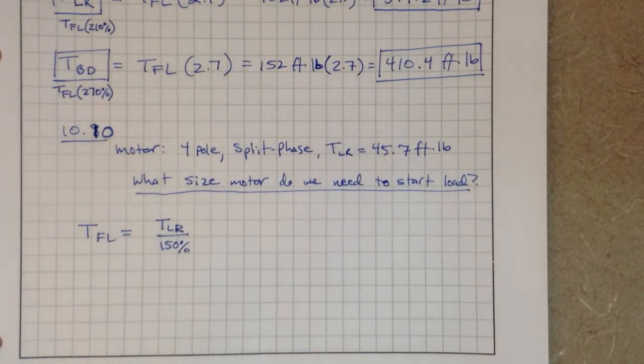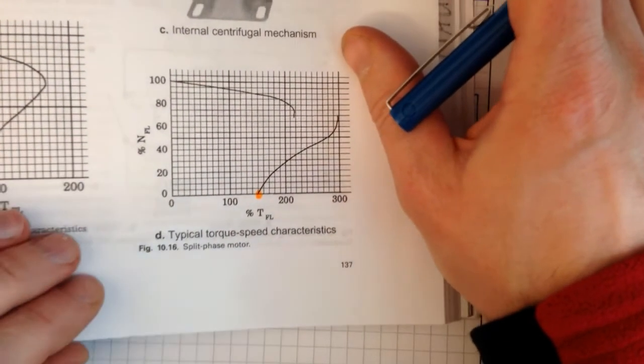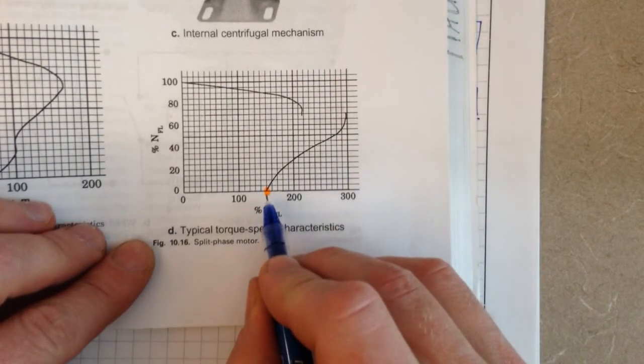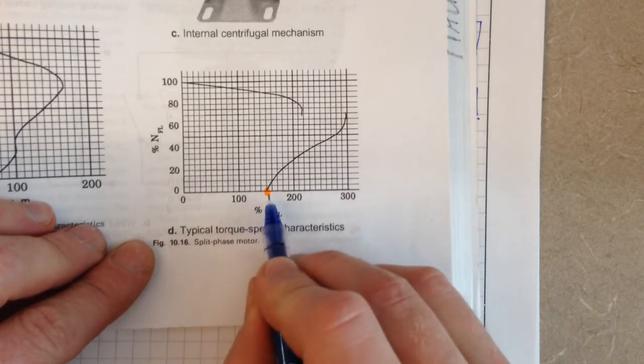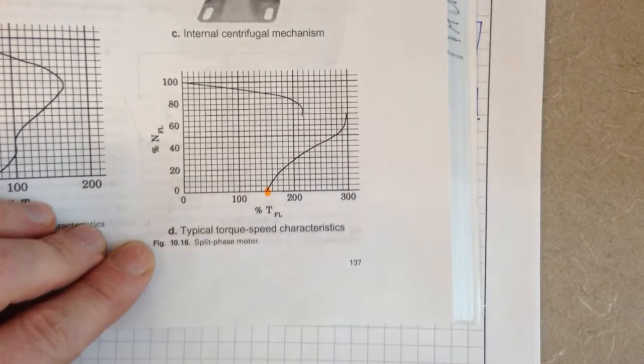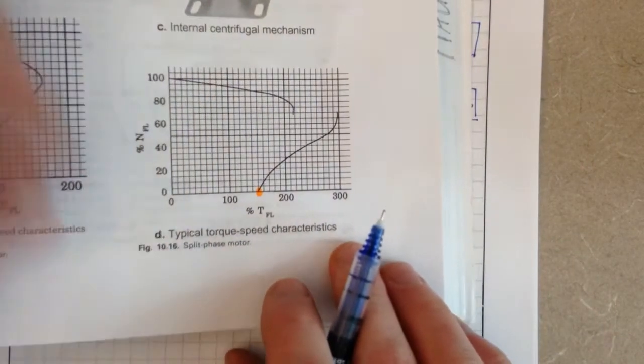So if we look at the split phase motor, typical split phase torque speed, the locked rotor is 150%, so that's 110, 20, 30, 40, 50. Okay, so that's how I'm getting that 150% split phase motor.